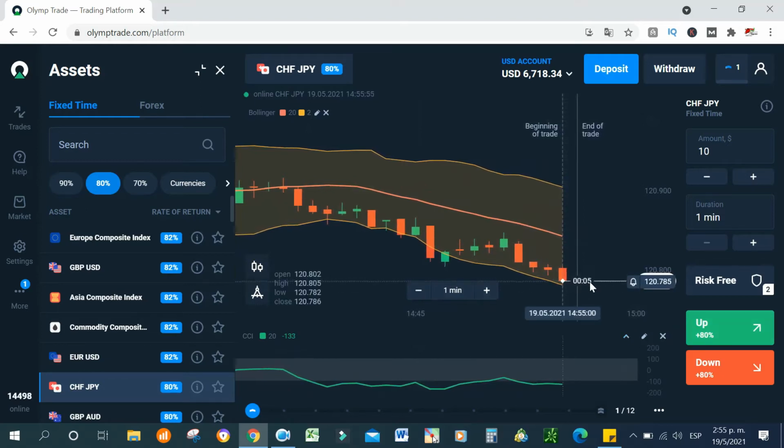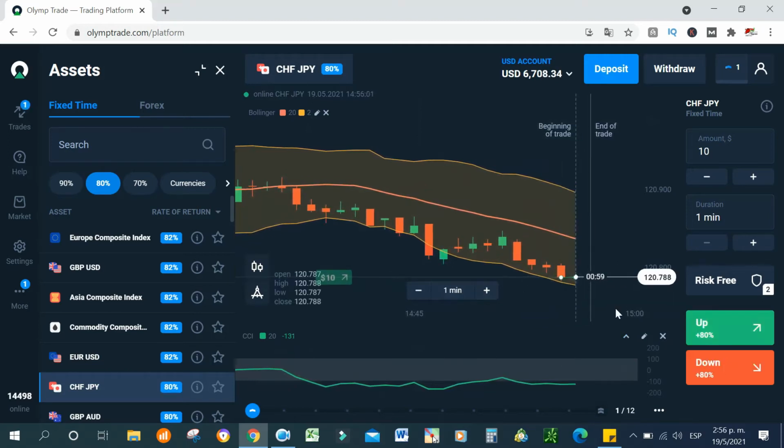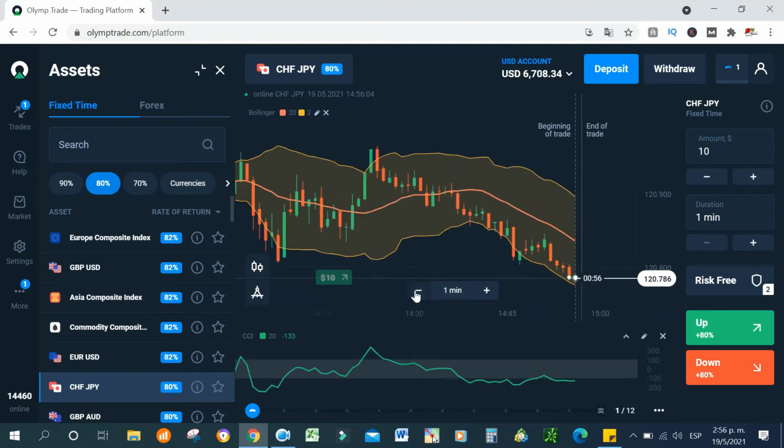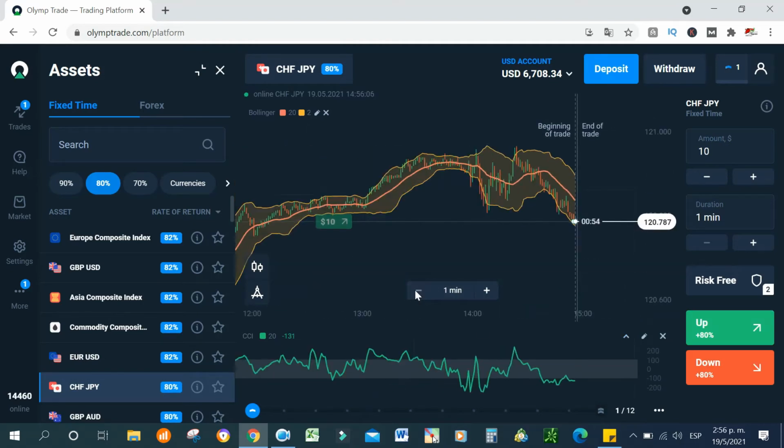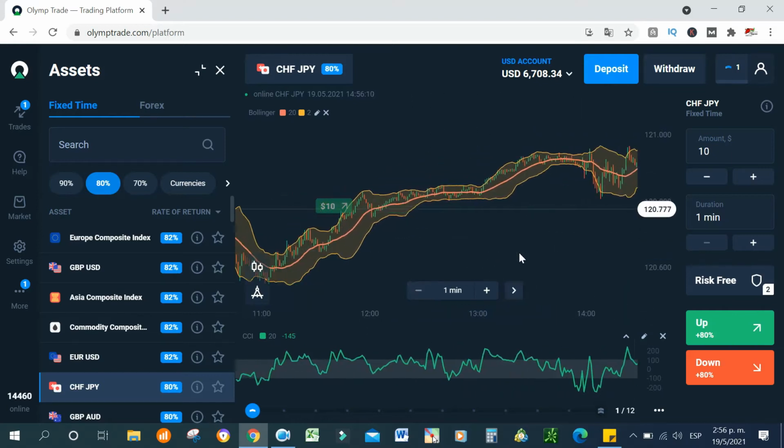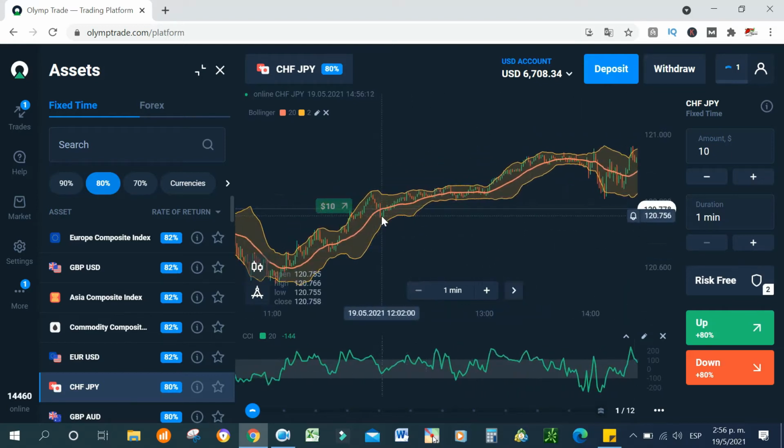So I'm just waiting for the price to close, and here we go. This is our first entry. So if it keeps going lower, I can combine it with price action, placing a support level just right here.